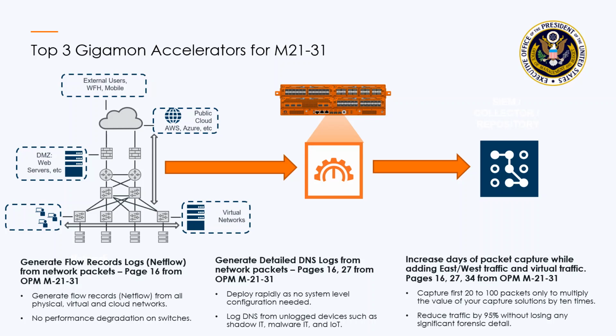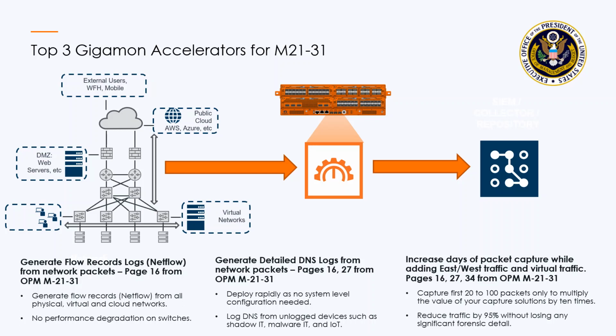So Gigamon is going to help you accelerate your compliance by avoiding the huge effort of having perhaps hundreds of people running around manually configuring logs, working with different departments. And a lot of my customers are very concerned that they don't have enough time to pull this off. So with a lot of the sections in M21-31, we can offer an alternative way where all you have to do is just turn on the network packets into the Gigamon, and we'll help you with a lot of very important data sets.